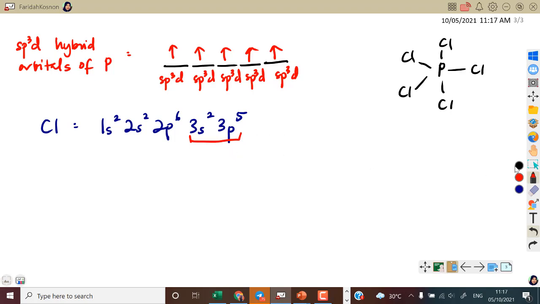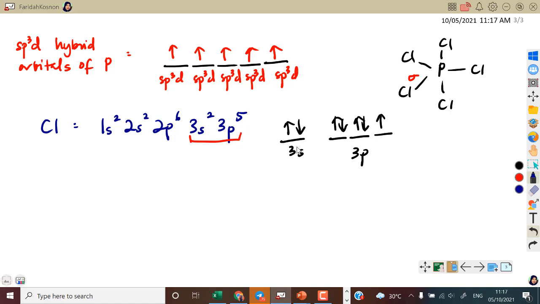Jadi kalau kita refer kepada orbital diagram chlorine, kita ada 3s kat sini with 2 electrons and 3p, 1, 2, 3. Okay, we have 1, 2, 3, 4, 5. Jadi to form one sigma bond, maksudnya apa? Akan berlaku sharing of electron between phosphorus and chlorine yang melibatkan valence electron.